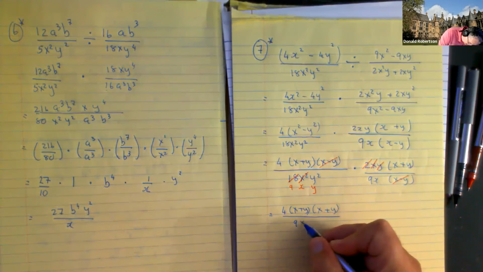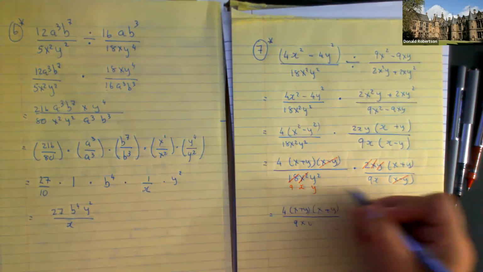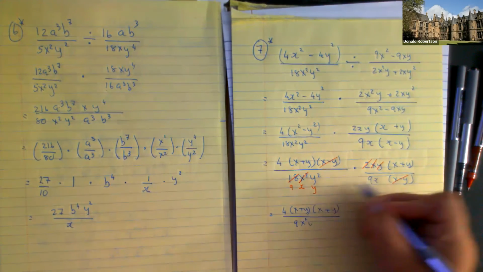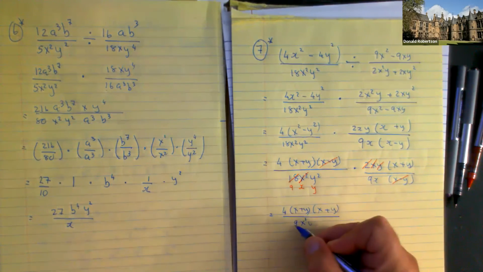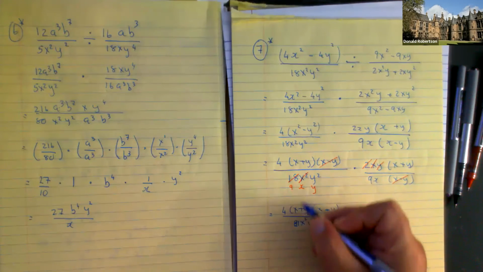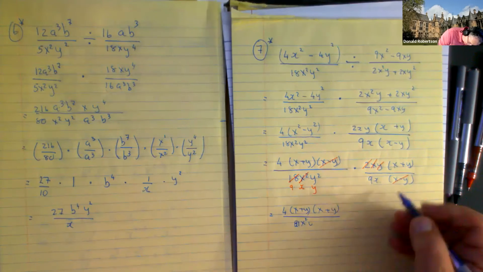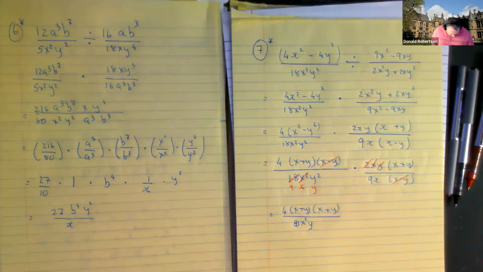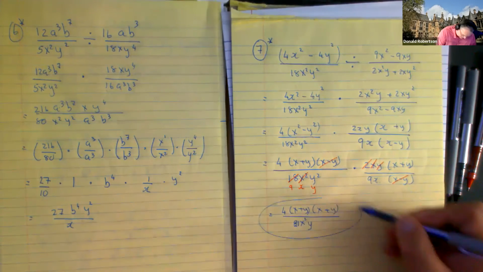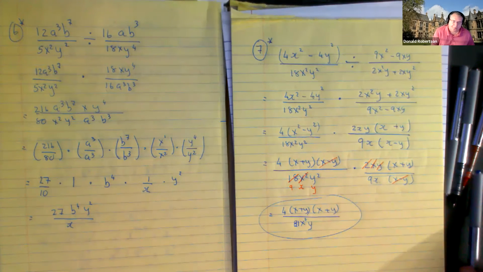So I would call that 9x. Oh, 9x squared, because there's a square, right? Oh, 9 and 9. Almost made a mistake there. 2 9s is 81. 2 x's multiplied give me an x squared and a single y. So that is our final answer.